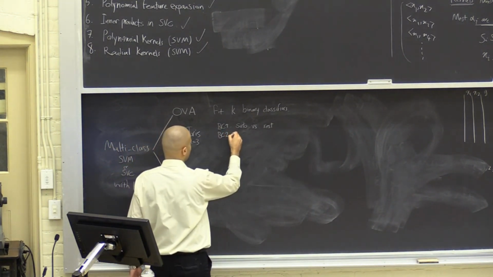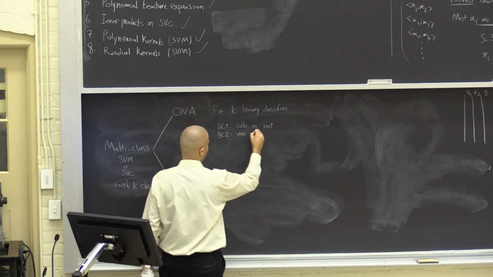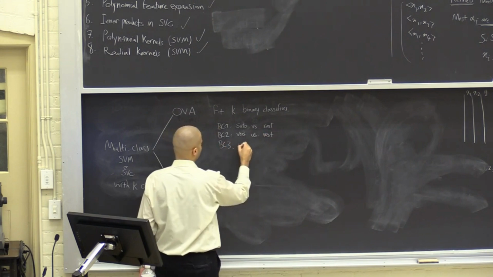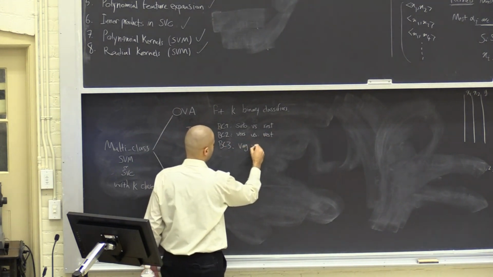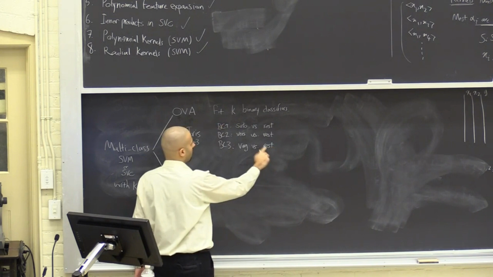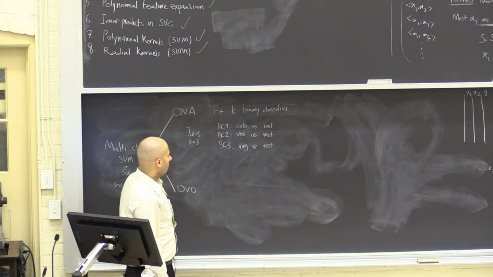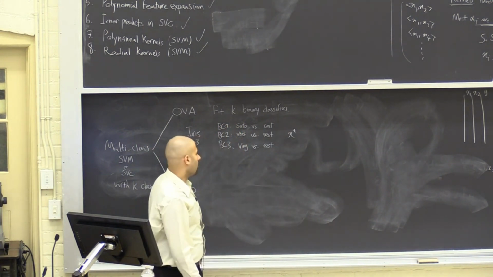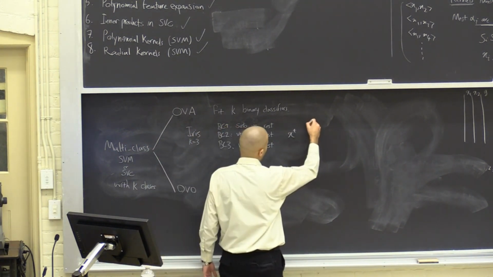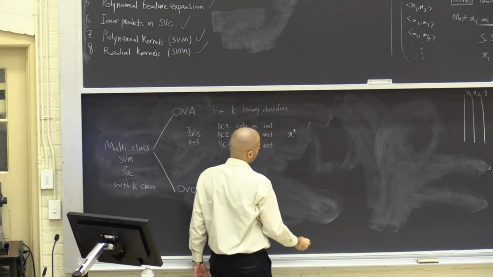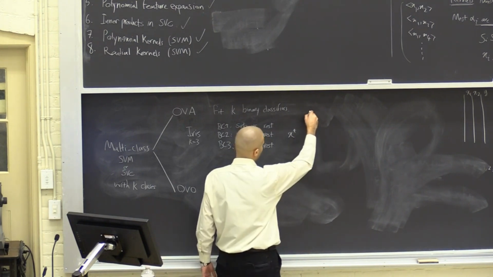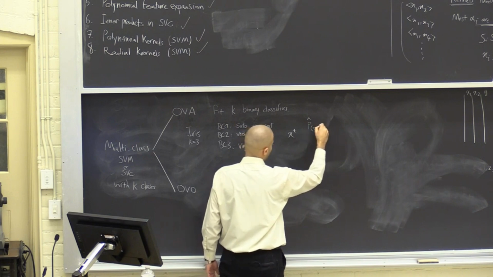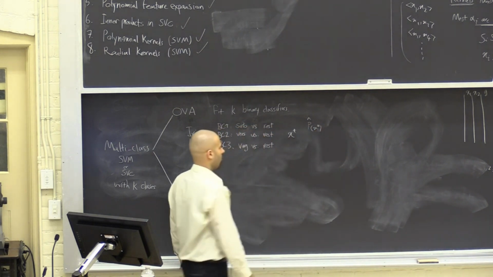Binary classifier 2 compares Versicolor versus rest, and binary classifier 3 compares Virginica versus some mega class of Versicolor and Setosa together. Then if we have some test observation X star, we're going to look at p hat of X star from the first binary classifier.